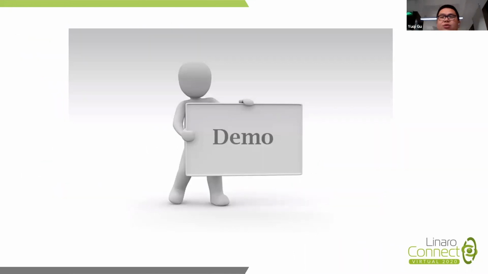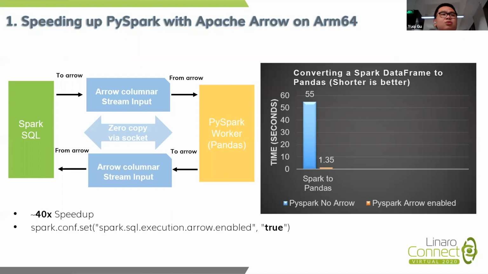Okay, in this part, I will demo the huge performance boost on Arm64. The first one is speeding up PySpark with Apache Arrow on Arm64.